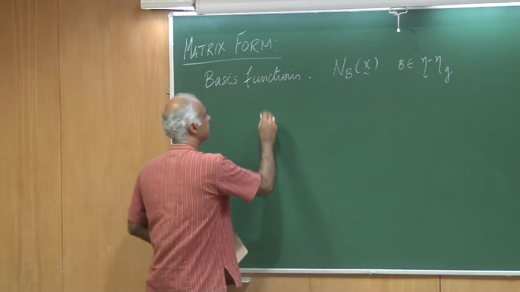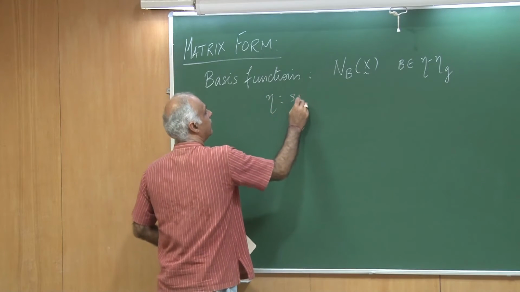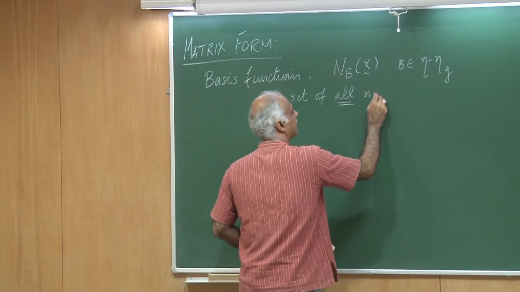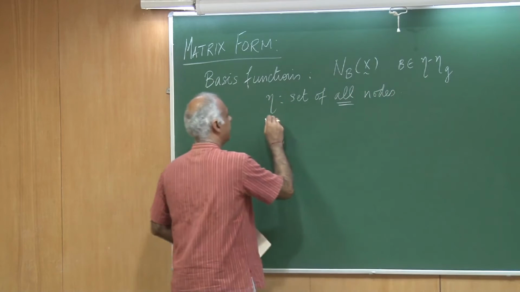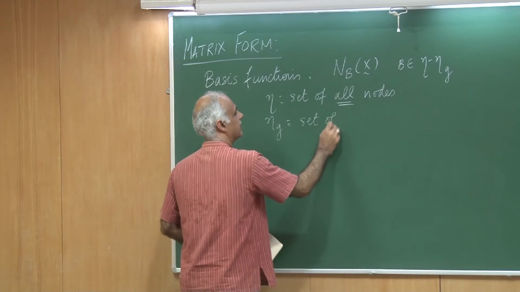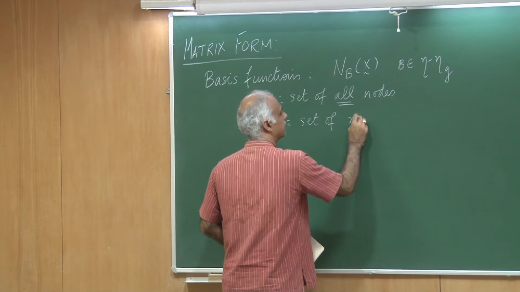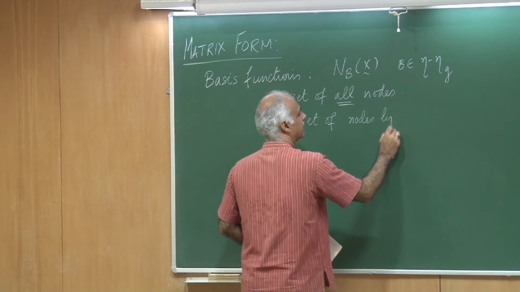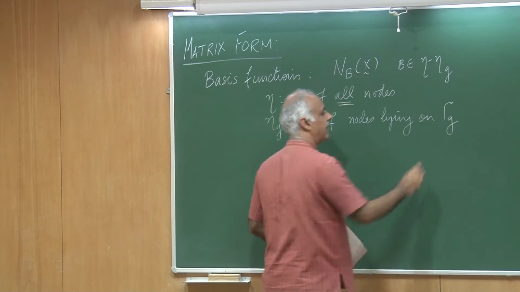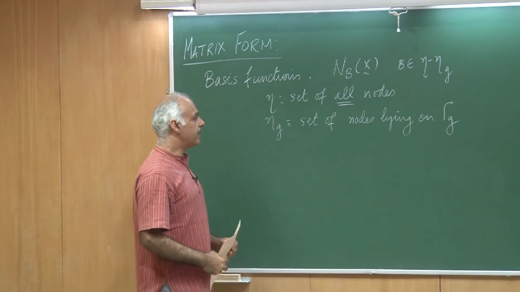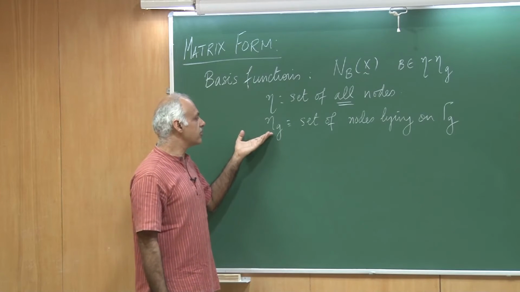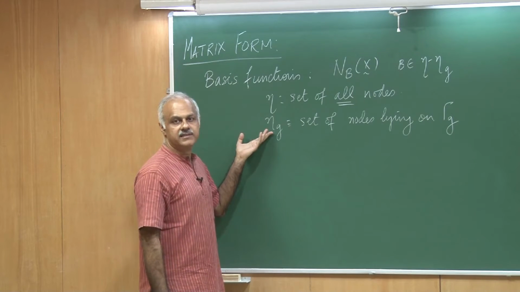Eta is the set of all nodes and eta g is the set of nodes lying on gamma g. And by definition, this cannot be a null set. There have to be some nodes which belong to eta g.